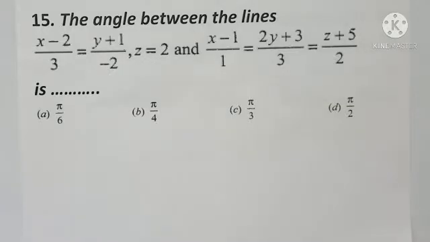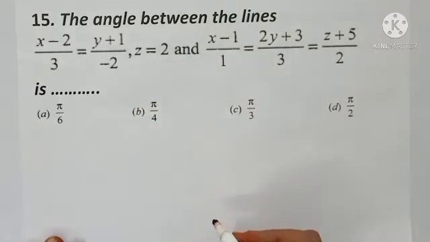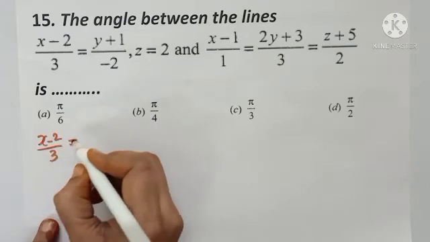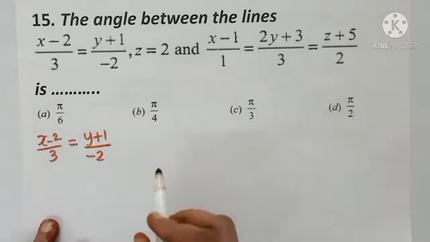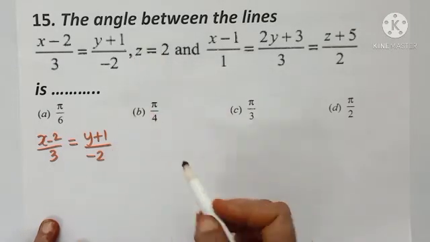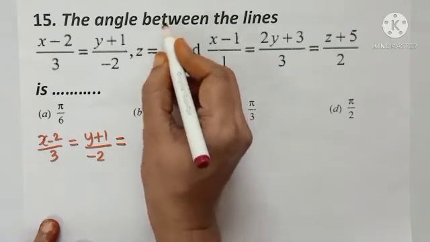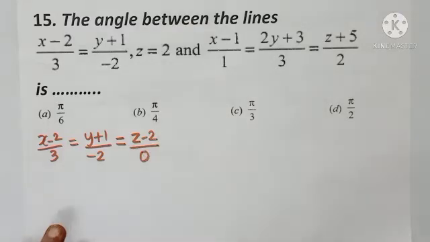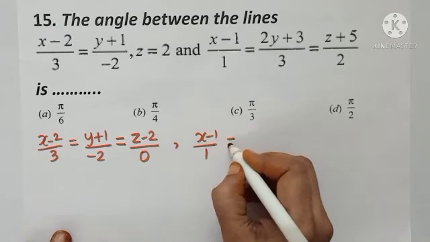Question number 15. The angle between the lines. As we read out, let us rewrite the lines in the proper format. X minus 2 by 3. The second one, y plus 1 by minus 2. They have given z equals to, but I want to write it in the proper format, so put z minus 2. And nothing in the denominator tells me 0. The second line is x minus 1 by 1.